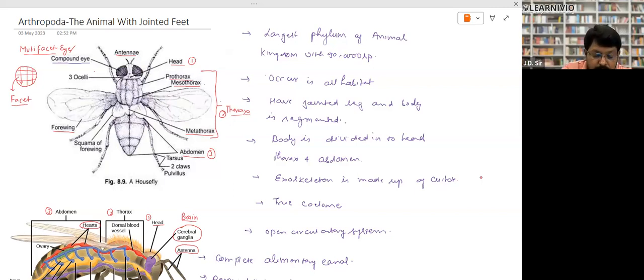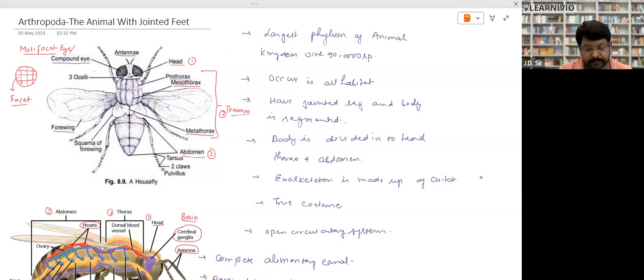Next point. They have jointed legs. The body is segmented externally.